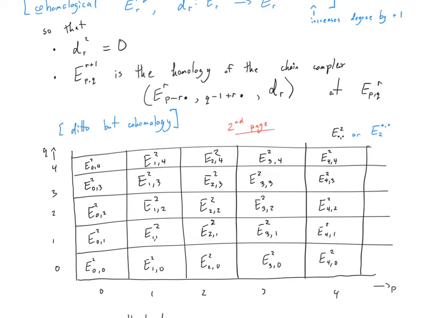So often you have a page where you know the names of all of the groups on the page, and then you run the spectral sequence by turning a crank and computing many, many homologies all over the page in order to arrive at the next page and the page after that and the page after that, out to the infinity page where there's hopefully something you want to actually compute.